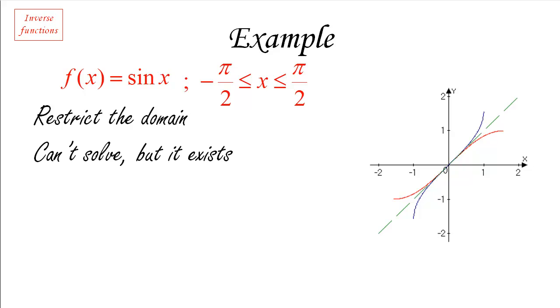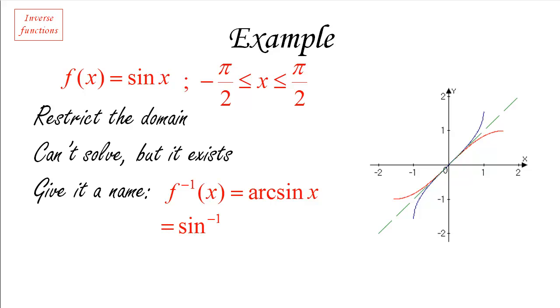But how are we going to denote this inverse? Well, the only way in which we can actually obtain this inverse is by giving it a new name. In this particular case, this new function is something that we're going to call the arc sine of x. Or some people denote it simply as sine to negative 1 of x, but remember that negative 1 is attached to the name of the function.